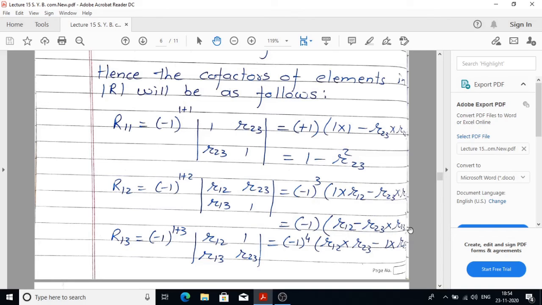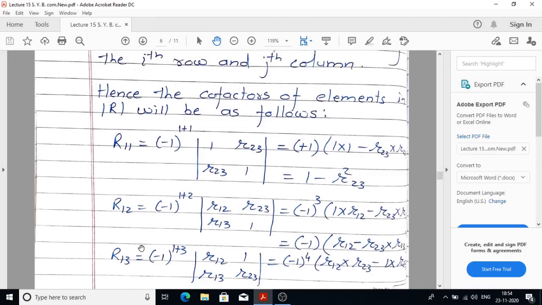Similarly, capital R13 can be written as minus 1 raised to 1 plus 3, times the determinant R12, 1, R13 and R23. Now from where did I get this? See the determinant R. We want the first row and third column to hide.